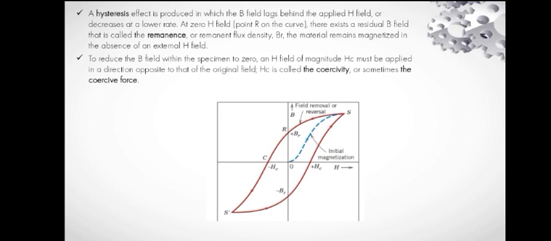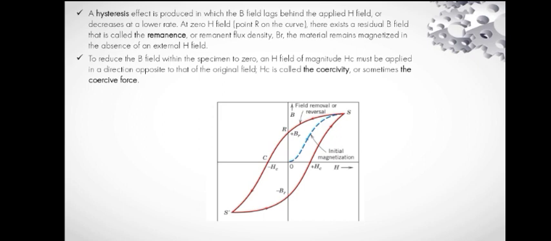At 0 H field, at the point R on the curve, there exists a residual B field that is called the remanence, or the remanent flux density, B sub R. The material remains magnetized in the absence of the external H field.